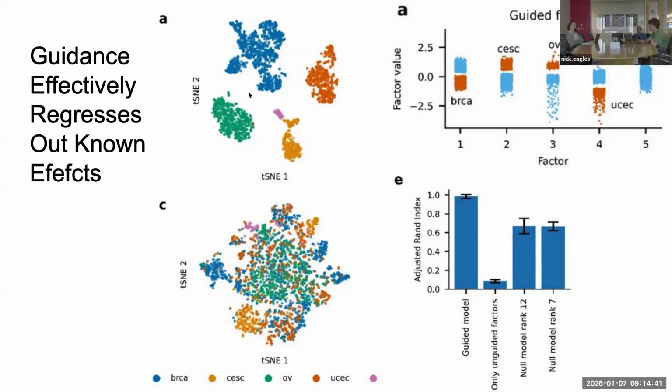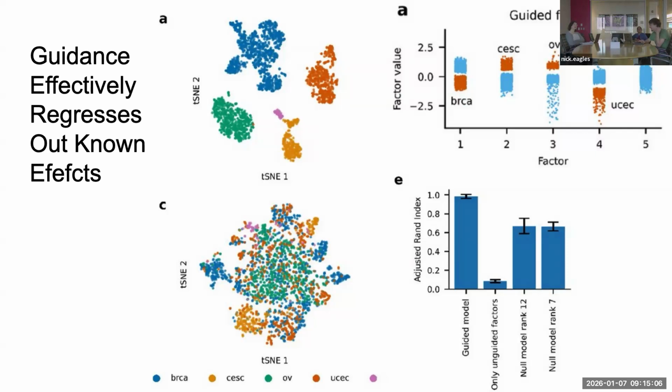That separation is happening because they specify this cancer subtype as a guiding variable. In contrast, panel C is showing an unguided version where they don't provide the cancer subtype as a guiding variable. So the model doesn't naturally separate that out as one of the most important sources of variation.